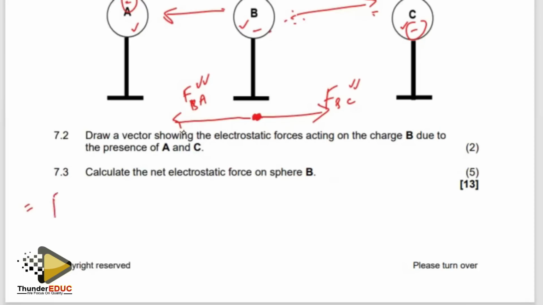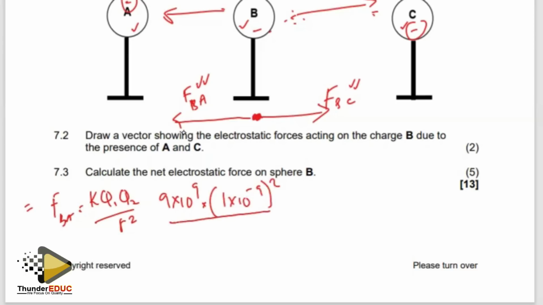So if I look for the FBA, remember it's k Q1 Q2 over r squared. So our k is 9 times 10 to the 9. But then we are multiplying by the same charge, 1 times 10 to the -9, squared, over the distance of separation, which is 15 centimeters, which is 0.15 squared.